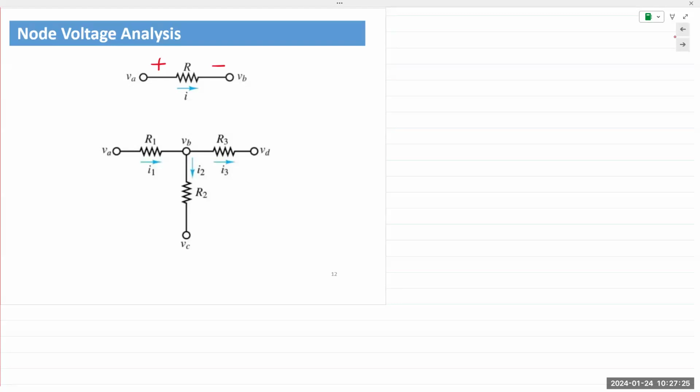Remember, this is an assumption you would make when you were trying to solve a problem. The current direction may or may not be given to you, but if you're assuming the current flowing in this branch is going from left to right, then logic dictates the voltage at VA would be higher than VB. So I would write VR, voltage for my resistor R, is VA minus VB.